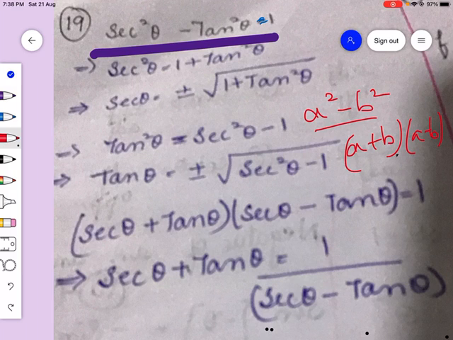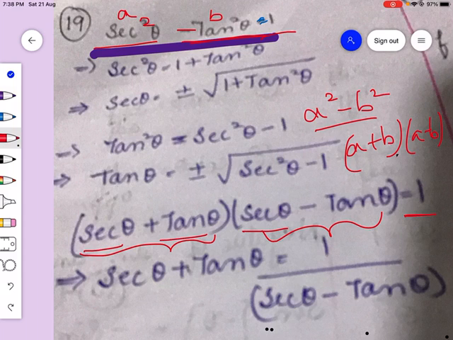In the same way, our a is secant theta and b is tan theta. Applying a square minus b square, we get a plus b into a minus b is equal to 1. That is secant theta plus tan theta into secant theta minus tan theta is equal to 1.